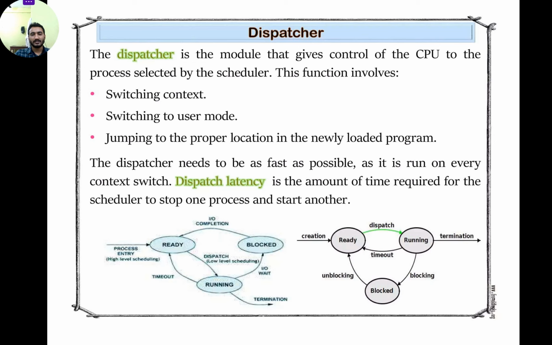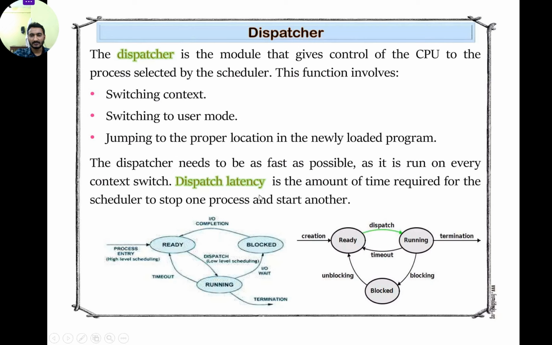So here we'll discuss dispatch latency. Dispatch latency is the amount of time required for the scheduler to stop one process and start another process. So in a preemptive system, we have to stop one process and start another. In this case, we can use the dispatcher.